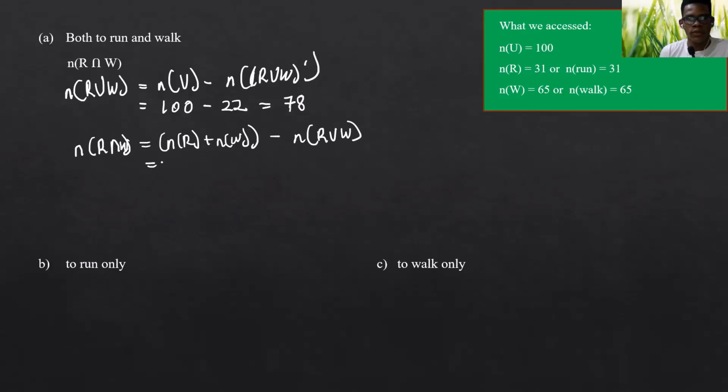Number of elements in R is 31 plus the number of elements in W, 65, minus the number of elements in the union, which we decided was 78.